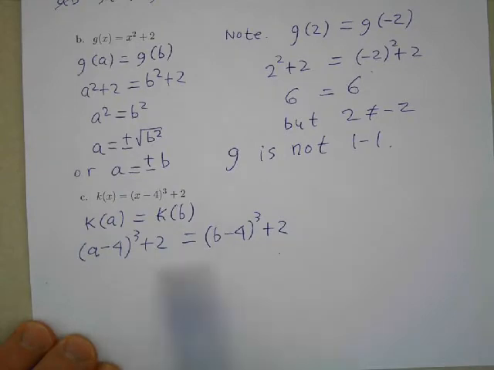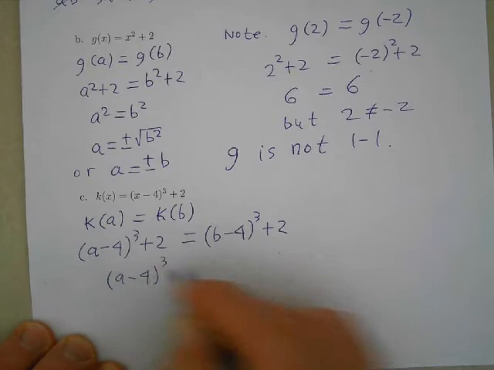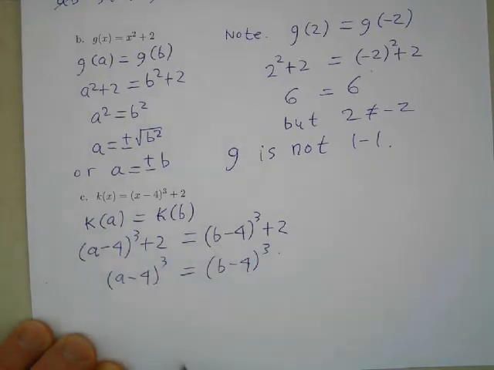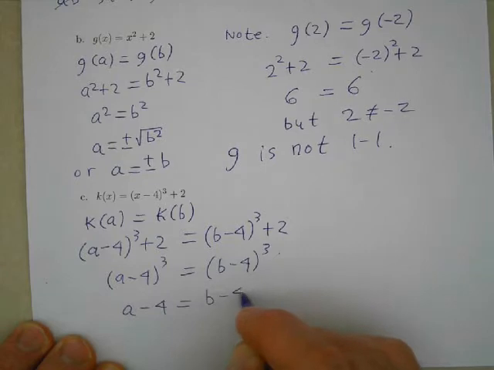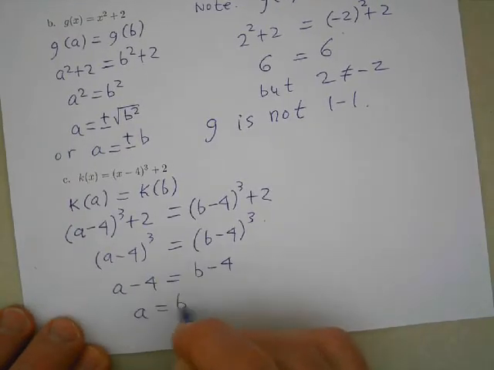Then subtract 2 from both sides. We get a minus 4 to the third equals b minus 4 to the third. Then compute the cube root of both sides, and we get a minus 4 equals b minus 4. And then add 4 to both sides, and we get a equals b.